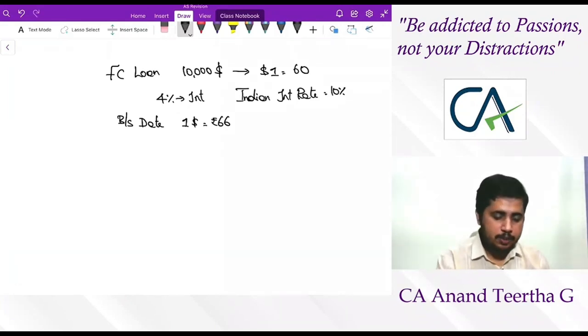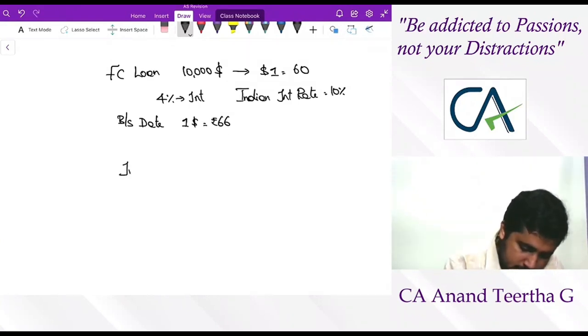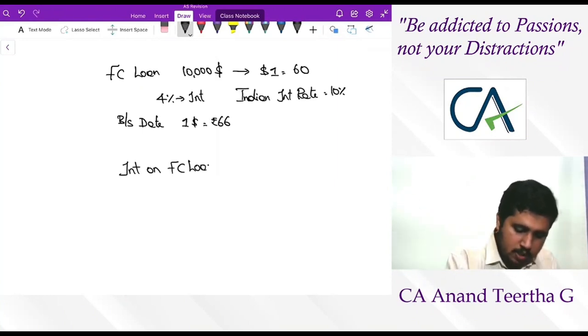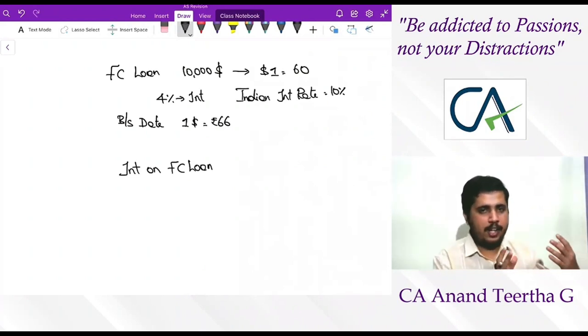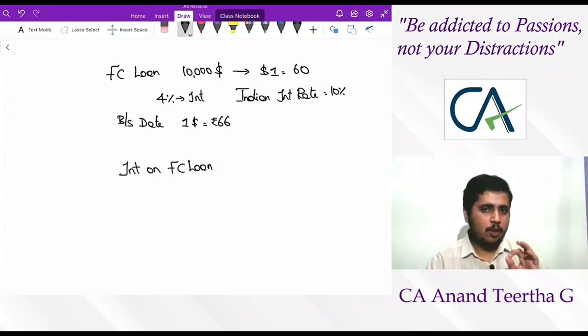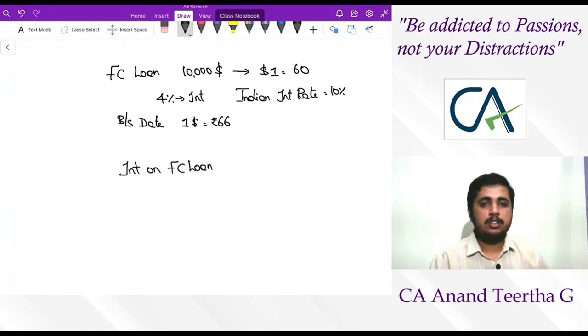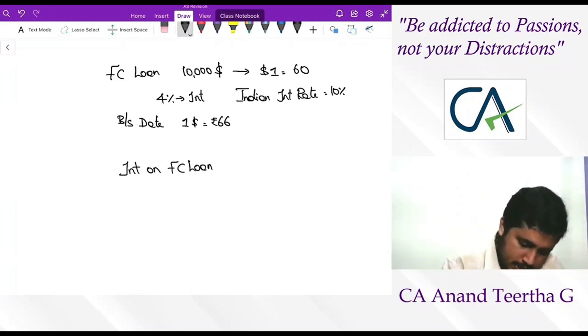The first thing which will arise is interest on foreign currency loan. This is always allowed to be capitalized, assuming that the asset is a qualifying asset and those formalities are followed. So how much interest will come on this?